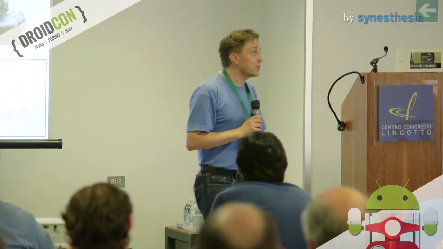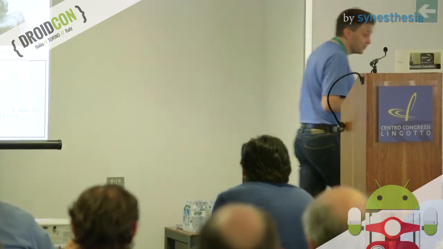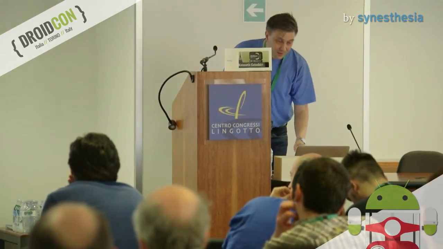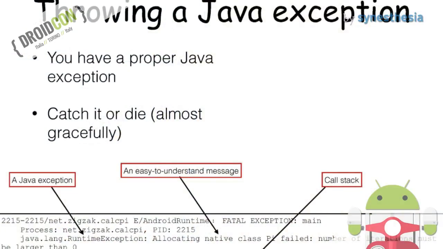You might want to close things and do nice things in the UI or erase files, remove all your temporary files or whatever. Remove all the traces that you made a mistake or something. Who knows? Anyway, so now that you throw a proper exception, you get a much nicer thing. You can actually read it and you get a stack trace and nothing strange with strange registers and anything.